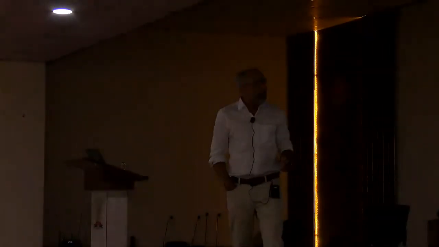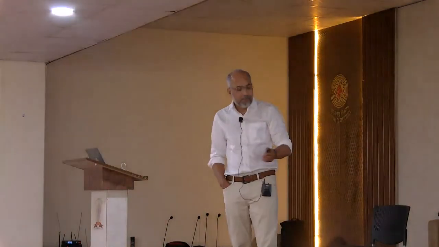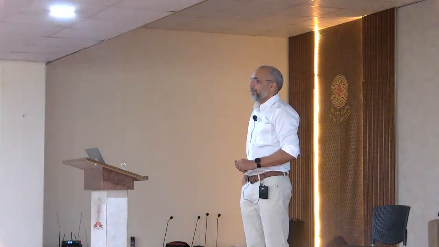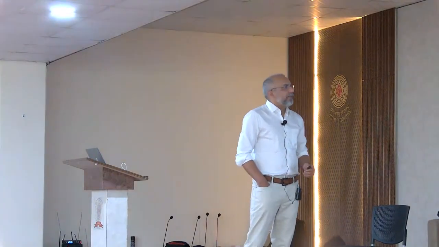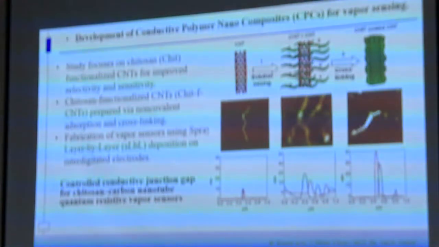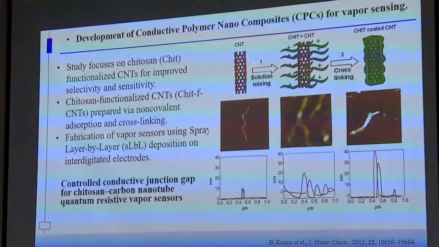So that's about the carbon nanotube network. We did different types of carbon nanotube network, either chemically functionalizing, or we can do non-covalent functionalization. Here is one example. Here we have this chitosan molecule. So there are two different approaches.